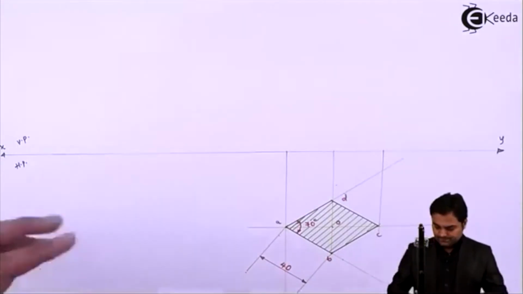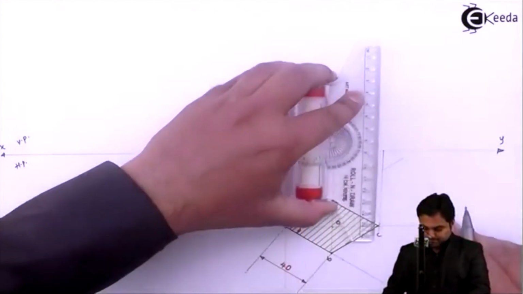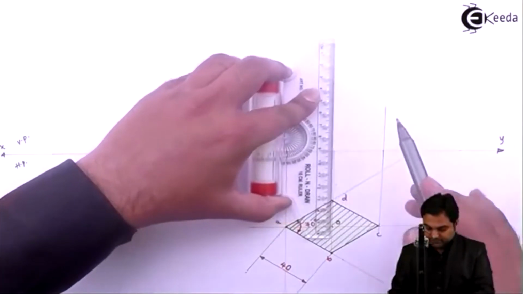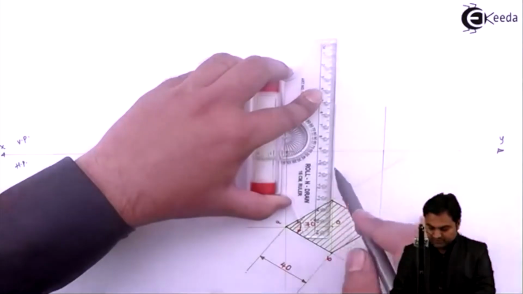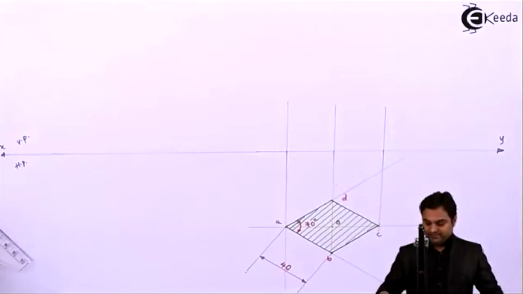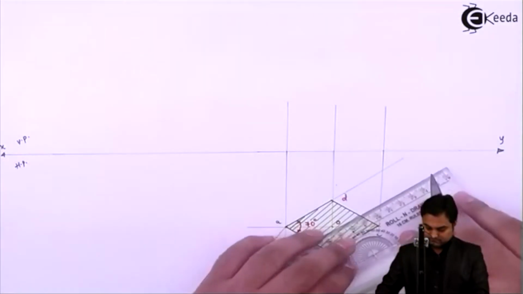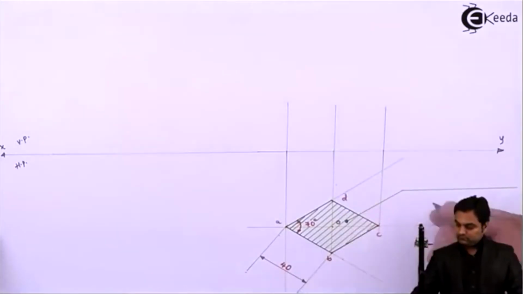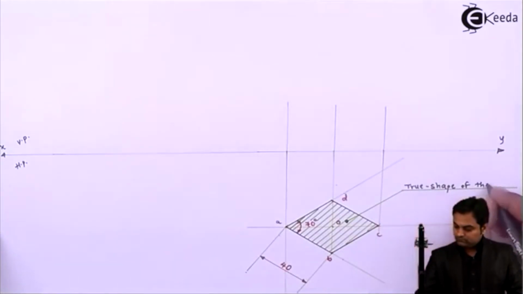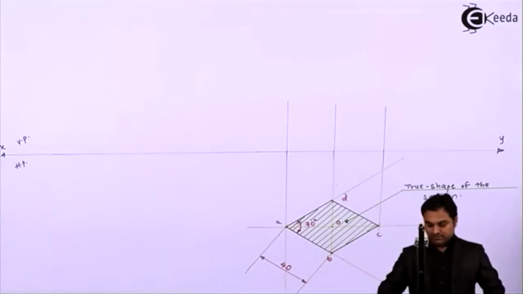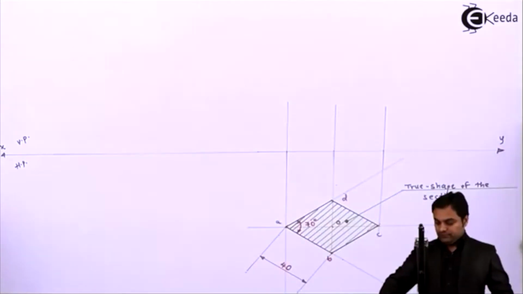Next, this will also indicate the length of the cutting plane because this is the true shape of the section, and the length of the true shape is nothing but the length of the cutting plane.